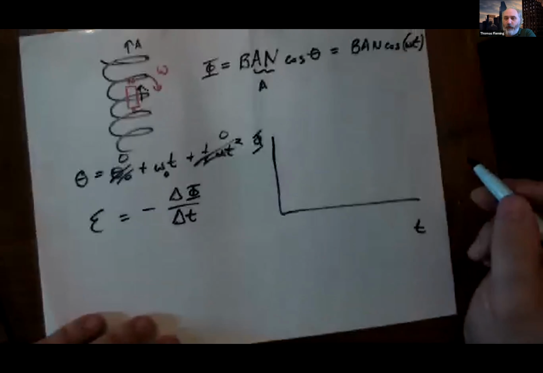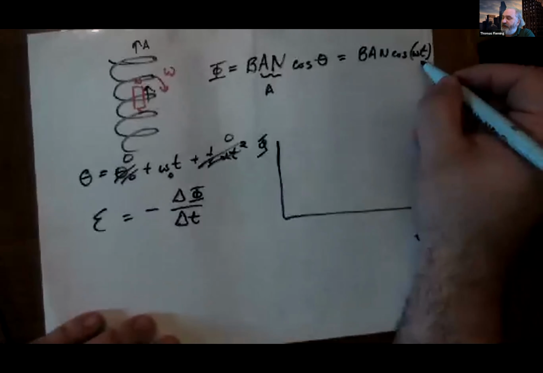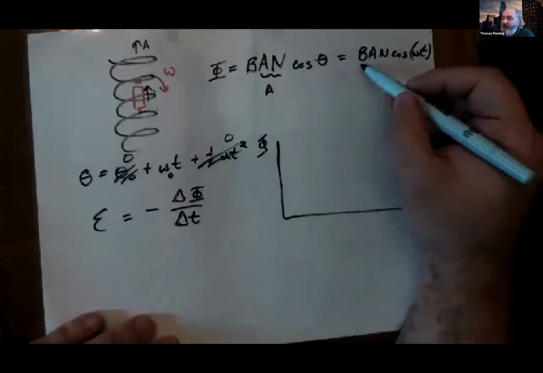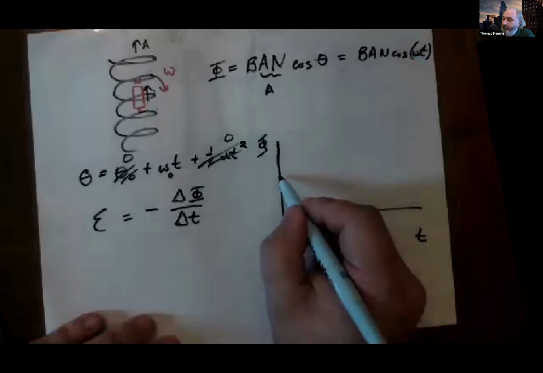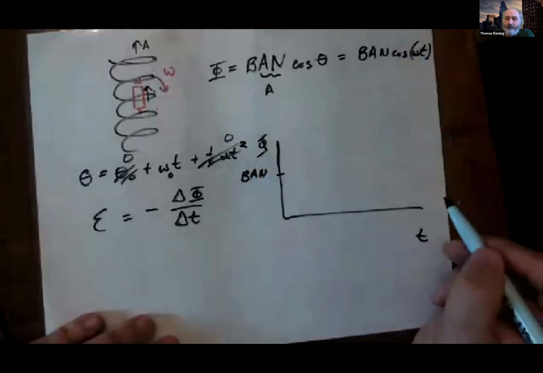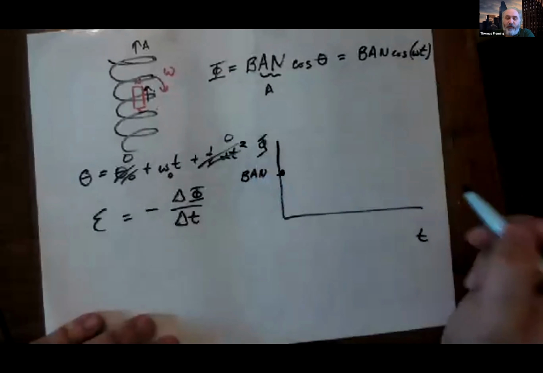So at time zero, plug in zero for t, this is going to equal 1. So my flux at that moment is going to be whatever B times whatever A times whatever N is. So at time zero, I've got that much flux.